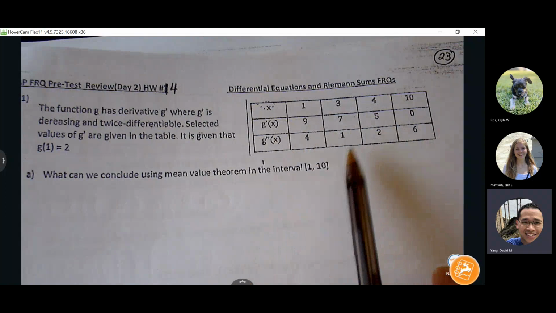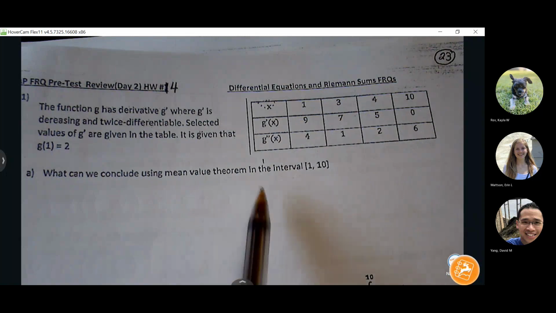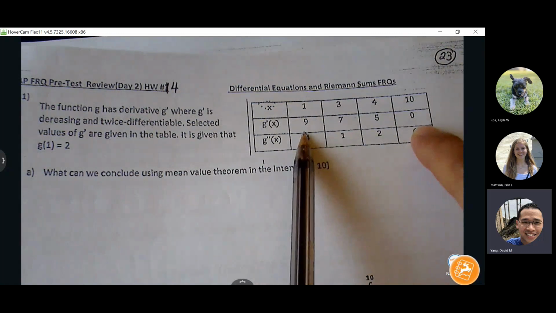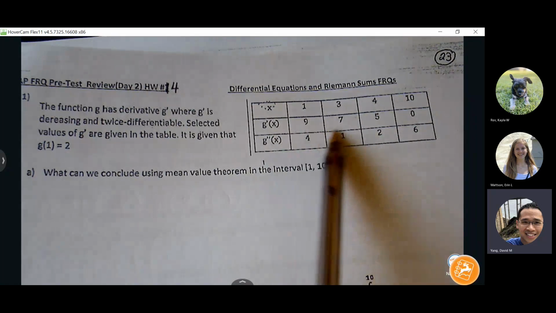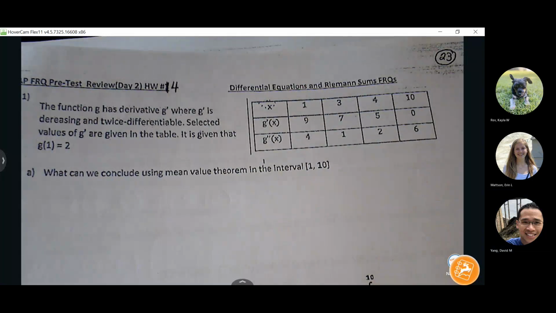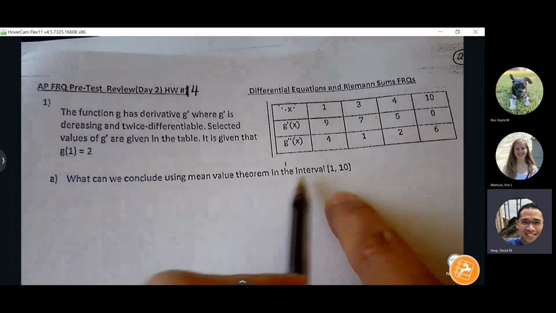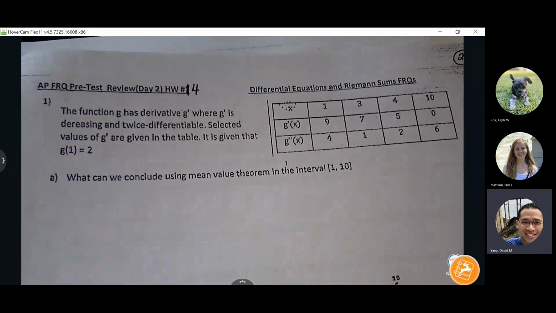Okay, well, mean value theorem allows us to gather information about the function below it. So we gather information about g double prime using g prime. Right, so we know it's twice differentiable, and then they tell us the endpoints to use. So I'm going to use 1 and 10.